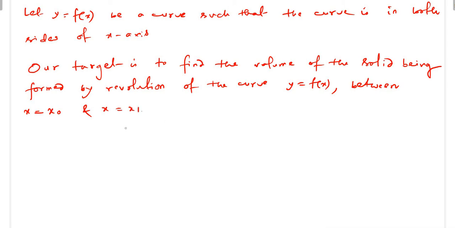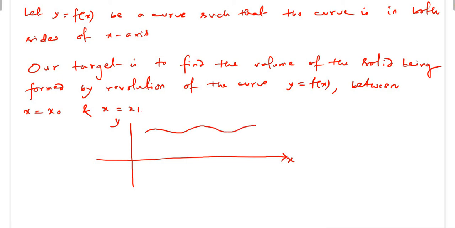Okay, so let us draw the diagram. The diagram looks like this: this is the x-axis, this is the y-axis, and suppose it is your curve, and this is y equal to f(x). Now just imagine that if you rotate the curve around the x-axis, a three-dimensional figure will be generated.